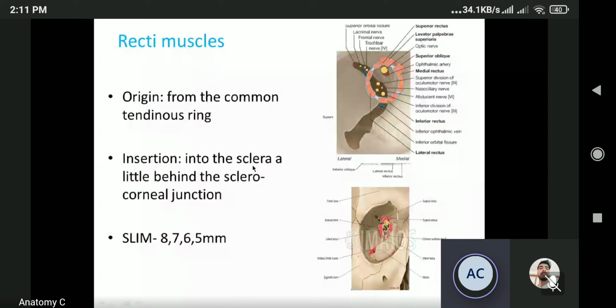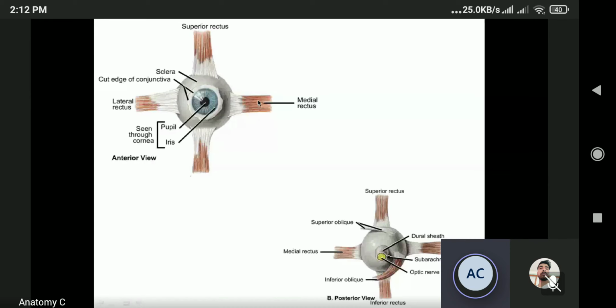There is a formula: from the sclerocorneal junction, superior rectus is 8 mm away, lateral rectus is 7, inferior rectus is 6, medial rectus is 5. Or you can go from here, 5, 6, 7, 8. This is the distance from the sclerocorneal junction where they insert: 8, 7, 6, 5 mm. Same pictures showing the origin from the common tendinous ring.